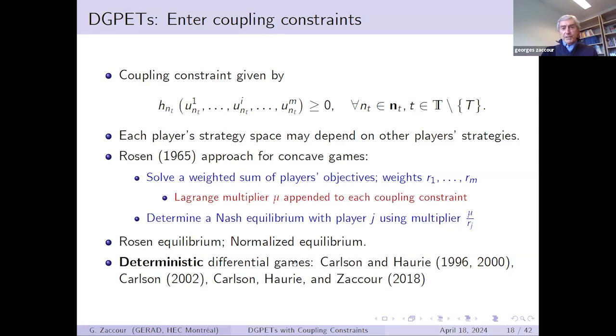In the case of deterministic differential games, you have papers by Dean Carson and Alain Haurie. They gave very nice conditions and very nice characterizations. And I joined both of them to write this chapter in the Handbook of Dynamic Games, explaining a little bit more pedagogically how these coupling constraints work in the context of deterministic differential games.